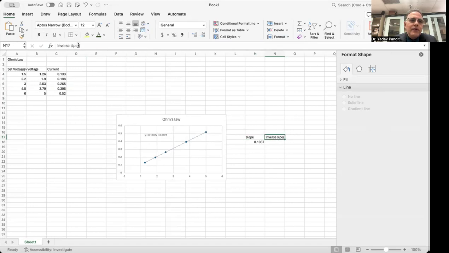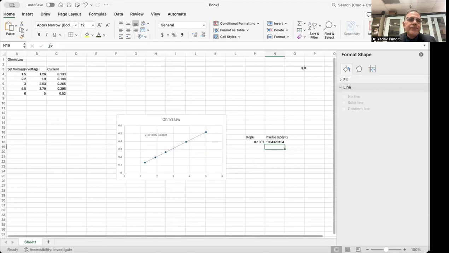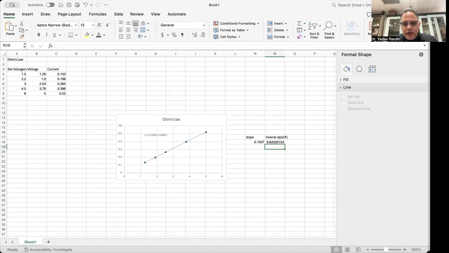Inverse slope would be the R. So what is this? This is basically equal to 1 divided by whatever number you get in the slope, and that gives you the answer. So the resistance would be 9.64, approximately equal to 10 in this value. That's how we do the graph here.